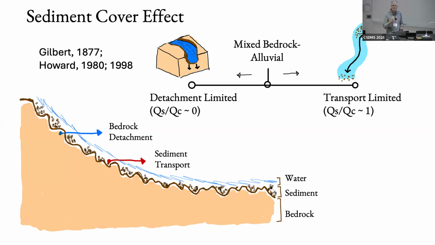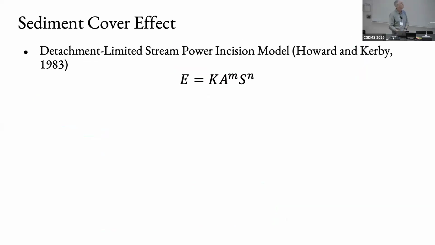Those are cases where the sediment transport capacity is way higher than the sediment supply, so it's generally a clean bed. At the other end of the spectrum, the sediment transport capacity is about equal to the sediment flux, and you get a transport limited system. So we're going to look at these kinds of problems.